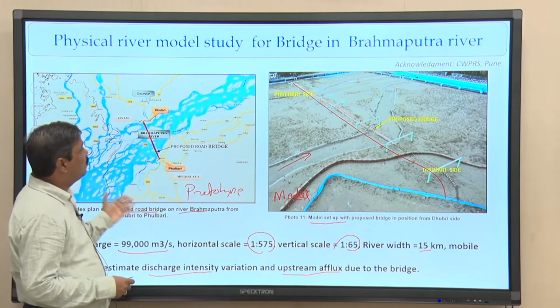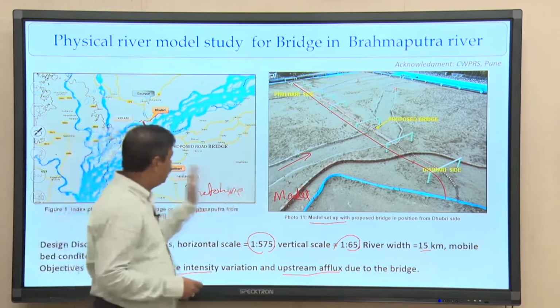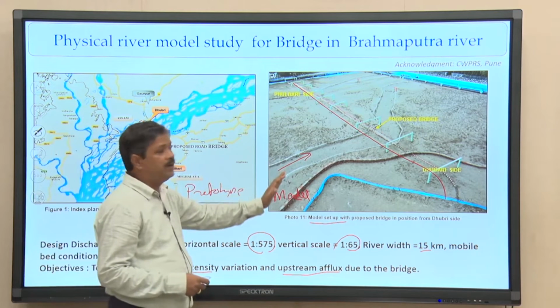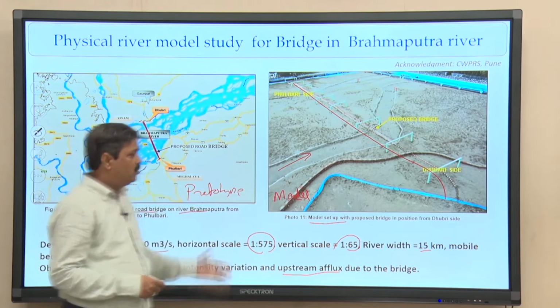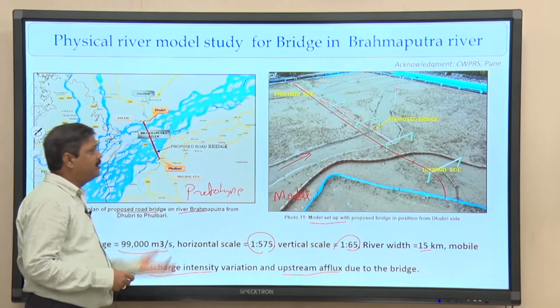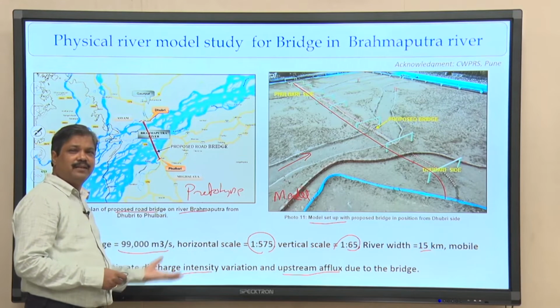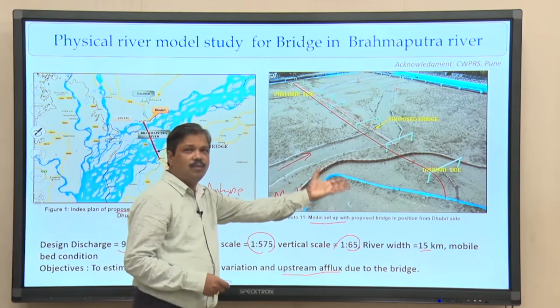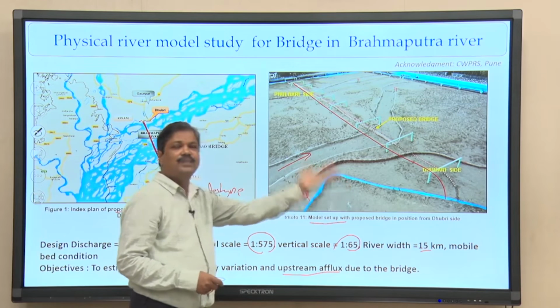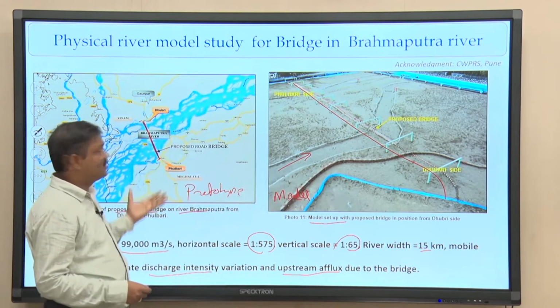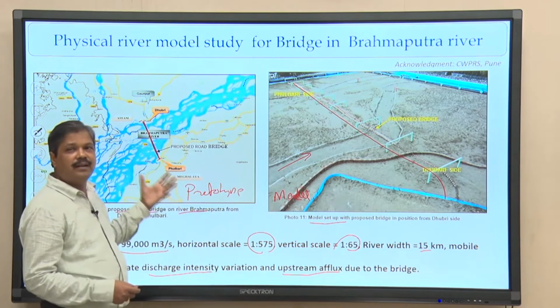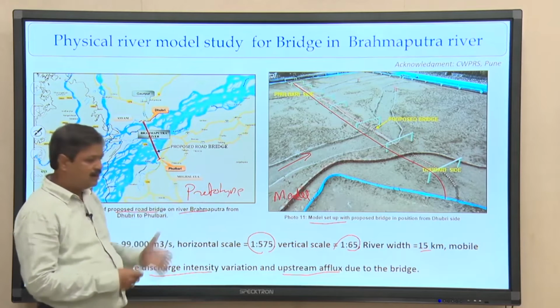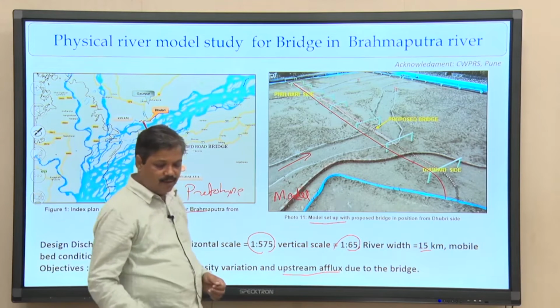So, this type of prototype to model study we do in the laboratory to know the flow and sediment transport processes at the model scale, and on that basis we predict what the scenario could be in real river conditions. That is what we do with scale down models.